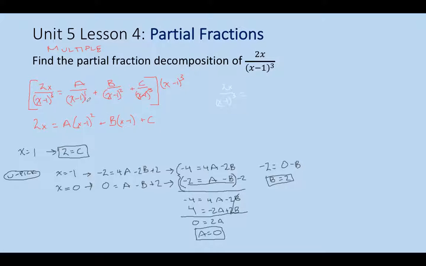So 0 divided by anything is 0. That one actually goes away. b is 2, so I have 2 over x minus 1 squared. And then plus c, well, c is 2, so 2 over x minus 1 cubed. And that's my partial fraction decomposition. All right, enjoy.